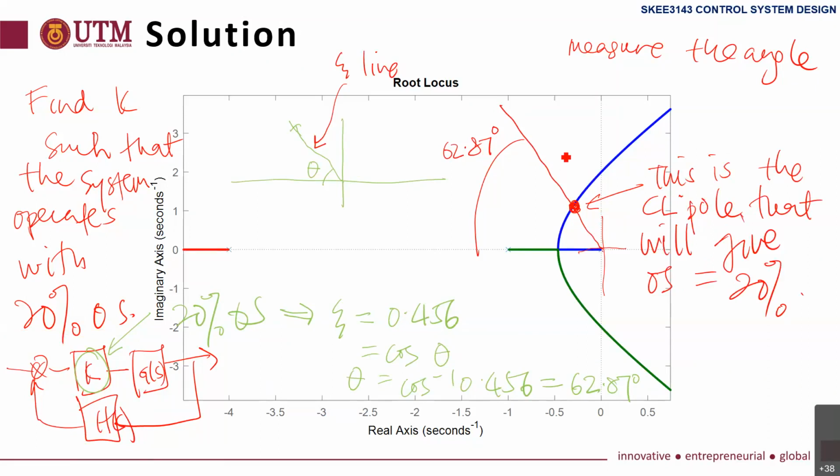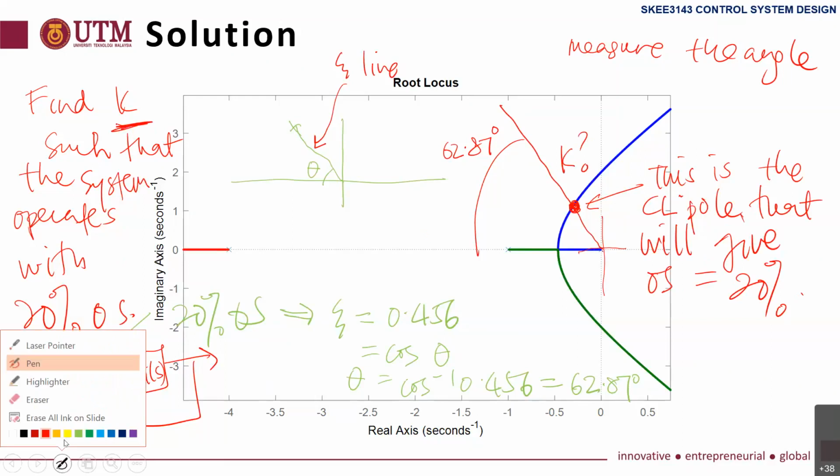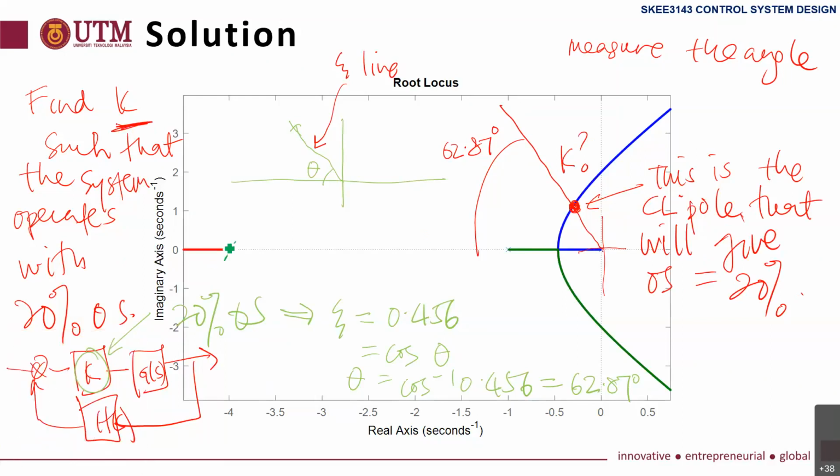Once we get this, the next question is, of course, we want to find K. How can we find K from here? We have 3 poles, one here, one here, one here.